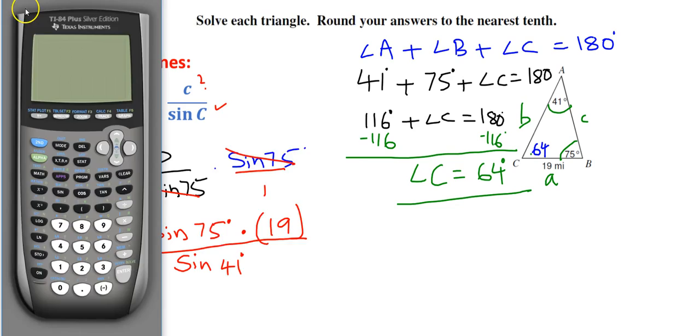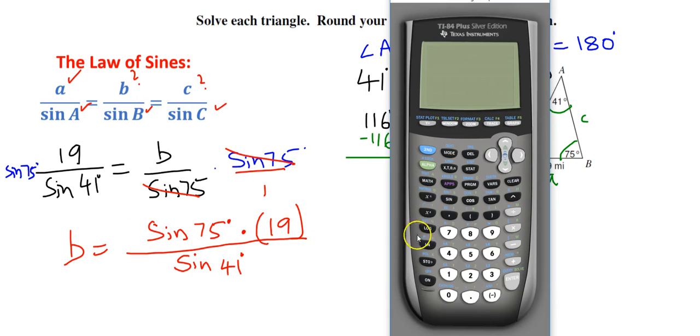Let us enter sine 75 degrees, close parenthesis, times 19, divided by sine 41, close the parenthesis, hit enter.